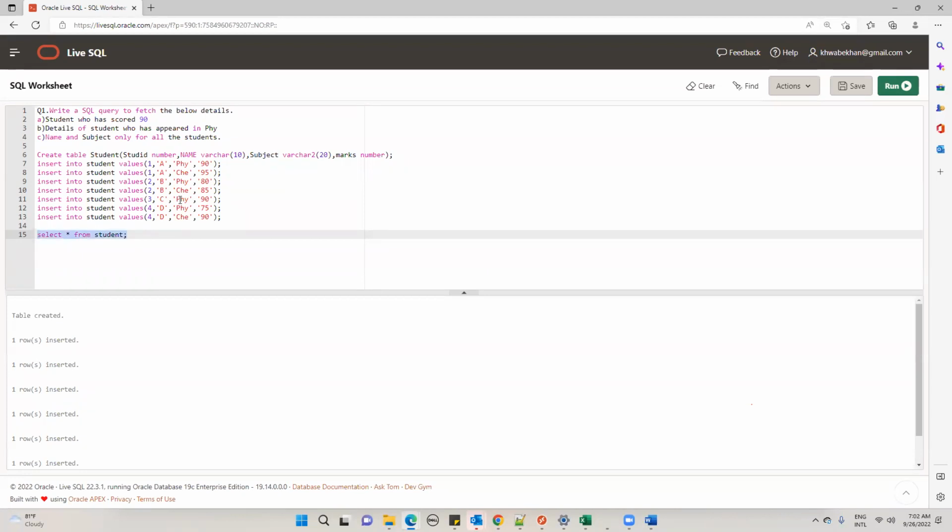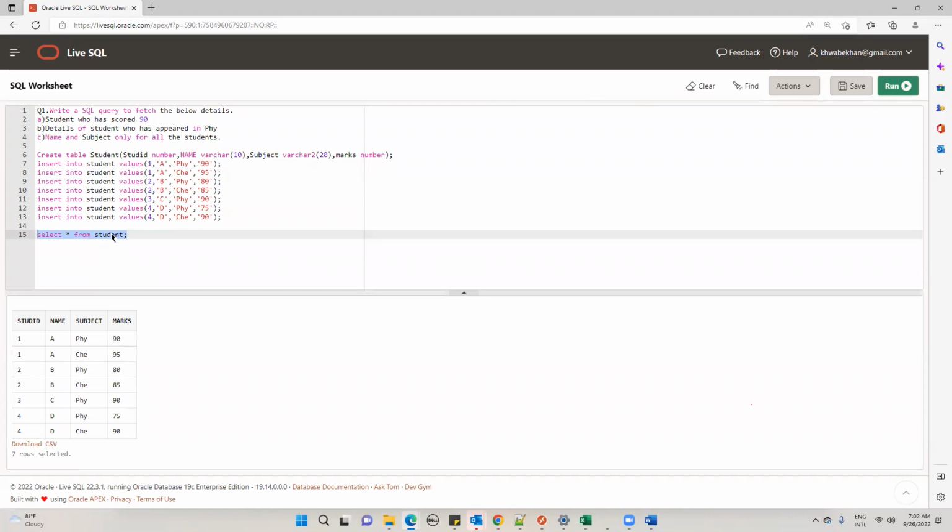Okay. So this is the student table. And the first question is: a student who has scored 90. So it means we want to apply a filter here. I want those student details who have scored 90. In the last class, I mentioned that we have a keyword, where, which acts as a filter.